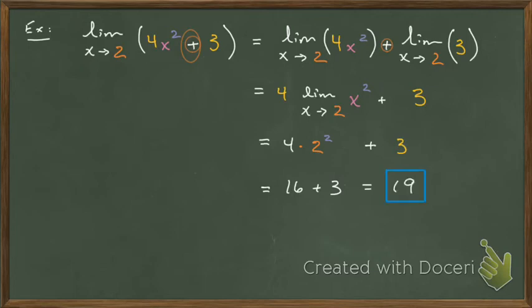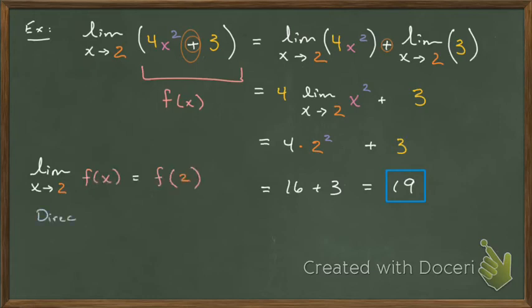So what we do a lot of the time is break things apart and look at them piece by piece. And actually what this gives us, if this was a function here, what I've really done is taken the limit as x goes to 2 of that function, and I really just plugged 2 in. I used direct substitution. Okay?